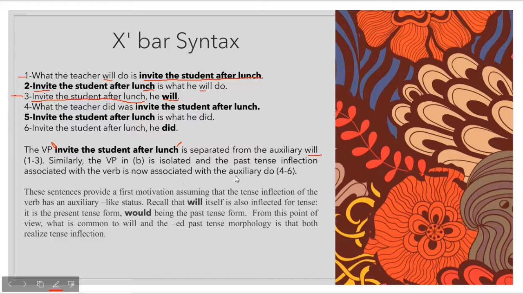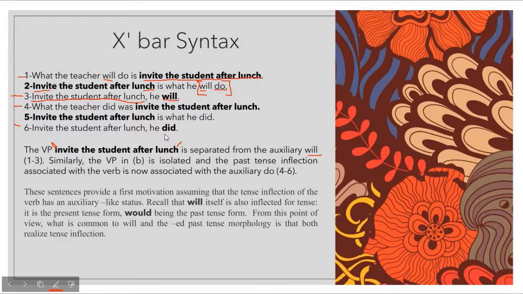Okay, similarly the VP in B is isolated and the past tense inflection associated with the verb is now associated with the auxiliary do, in 4 and in 6.